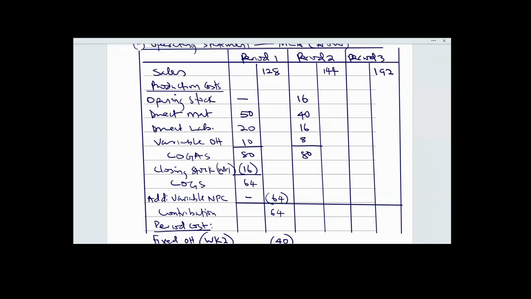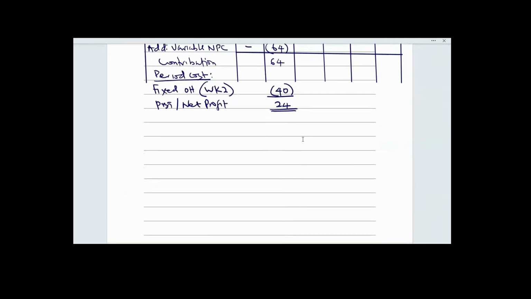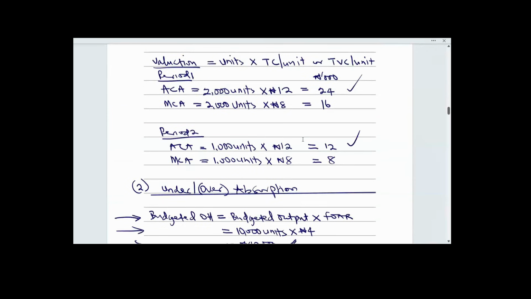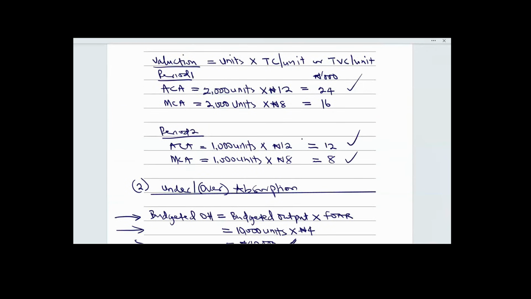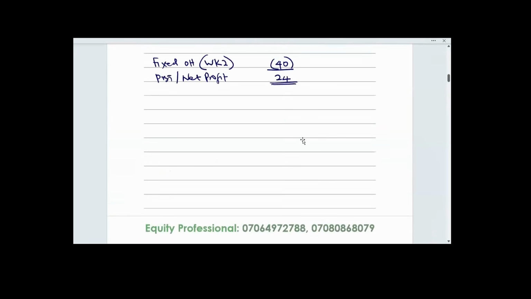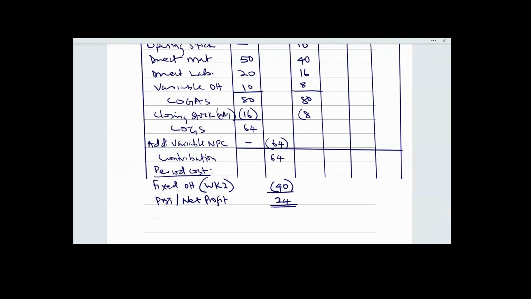Okay. Then closing stock in the second period, under the marginal costing approach, is 8,000 naira. So here is 8,000 minus 80,000, which will give us 72,000.